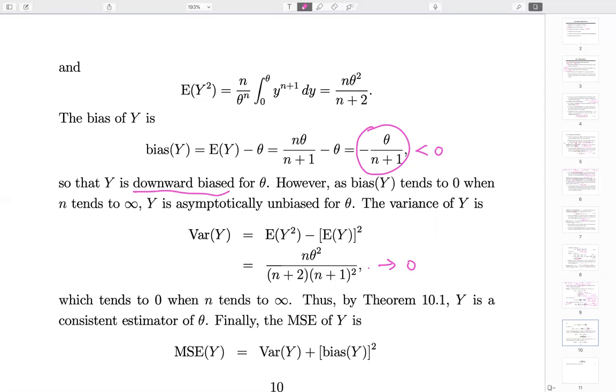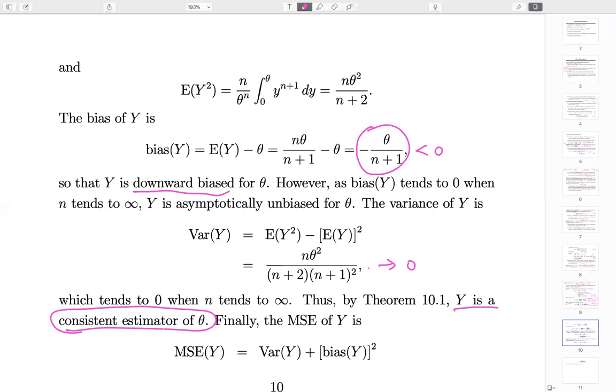So that's good, right? We have asymptotically unbiased plus variance goes to 0, so we can claim this is a consistent estimator. By theorem 10.1, this is a consistent estimator, okay?